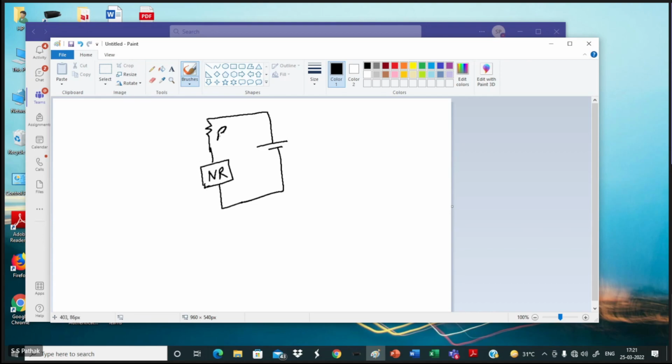This is my R, this is my V. A question may be asked: find the operating point. V and R are chosen by you in the design. At what operating point do you intend to bias this NR device? Or V and R are fixed by somebody.